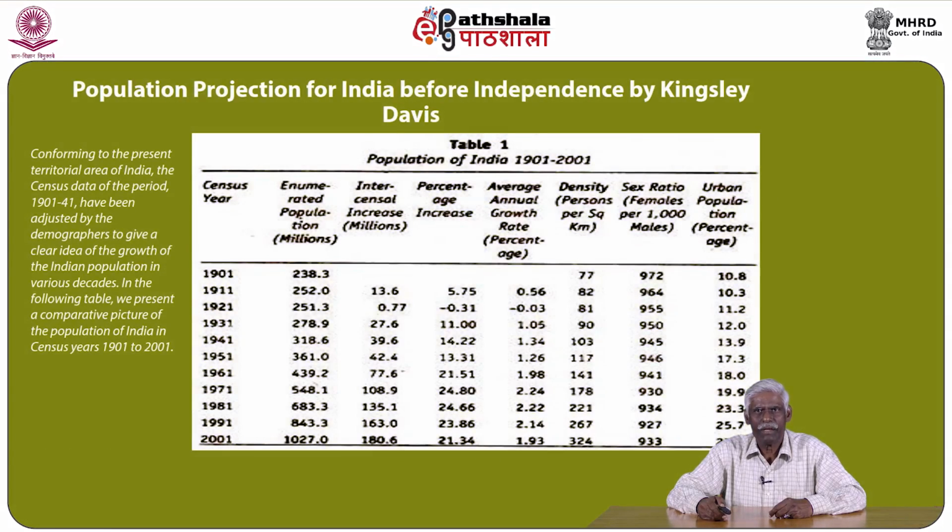In this way, the data from 1941, and how it has moved over a period of time in the subsequent census years, has clearly shown the growth in the population size, as depicted in Table 1 of the population of India between 1901 and 2011.